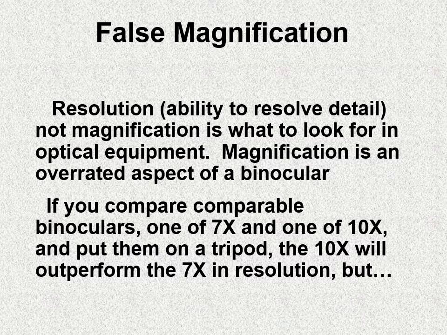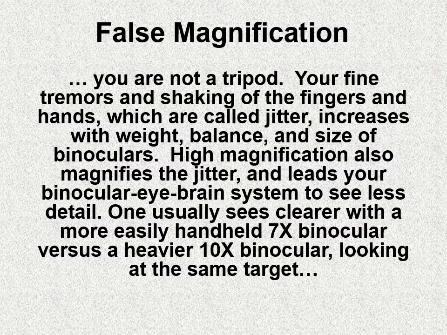But you are not a tripod. You find tremors and shaking of the fingers and hands, that jitter, increases with the weight and balance and size of the binoculars. And certainly high magnification will have higher weight usually.